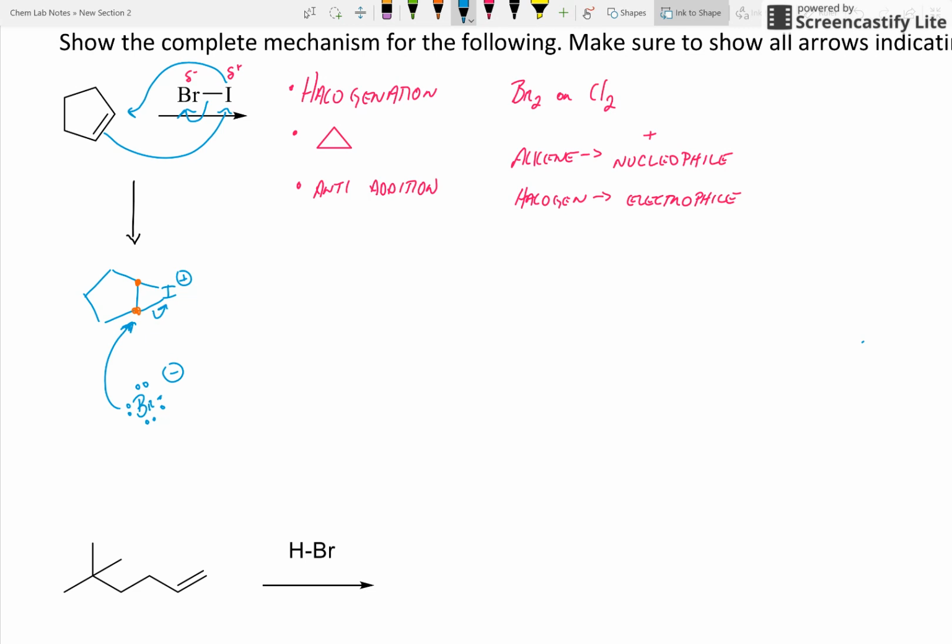And so our answer in this case is either this guy, or you could have drawn it the other way. Either way would be just fine for you to draw.